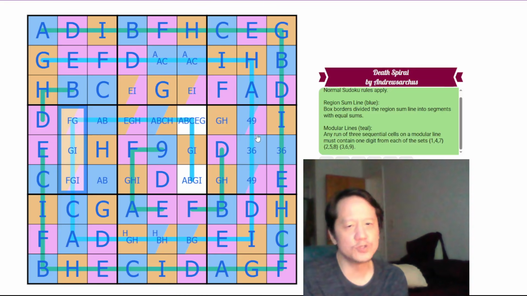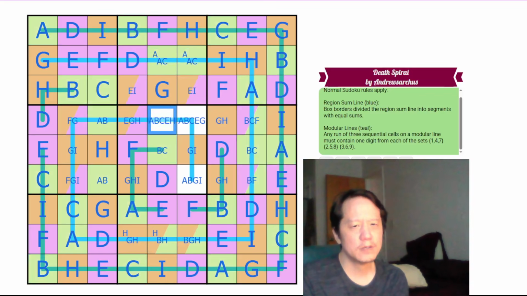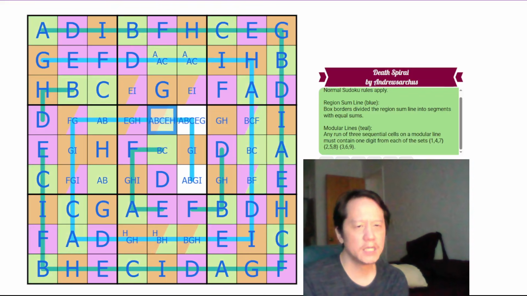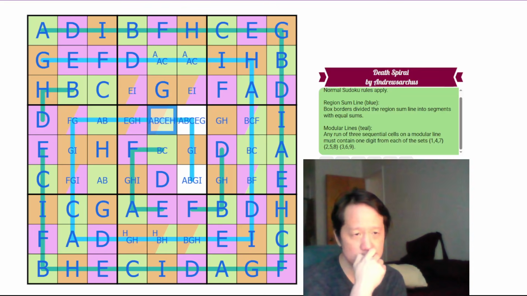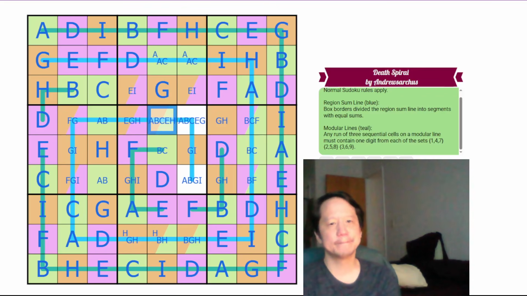Right, because this is 2 blues and a pink. Huh. That's problematic. So I must have messed up somewhere. Oh boy. I don't know where I messed up.